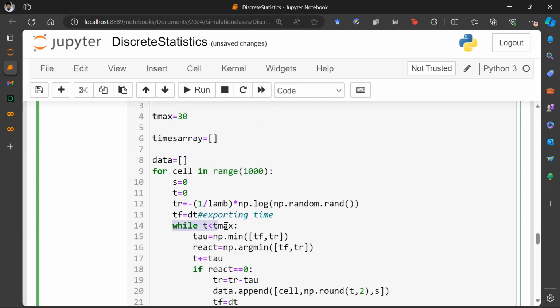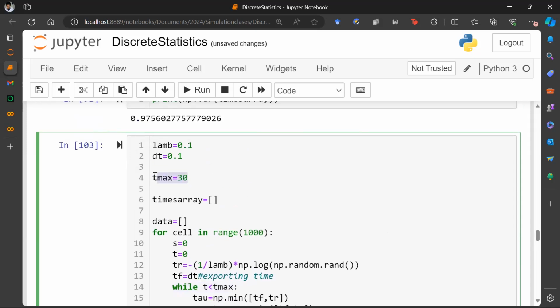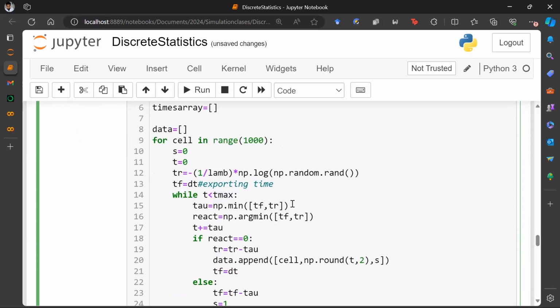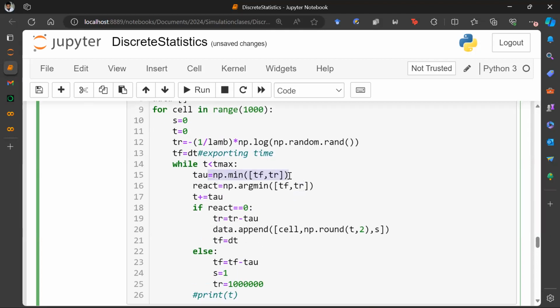So while t is less than t max, in this case 30, I select the minimum of these two, the time to reaction and the time to exporting. The reaction is going to be the argmin. So it's going to be 0 if the exporting time is the minimum, or it can be 1 if the reaction time is the minimum. And this minimum time I'm going to call tau.